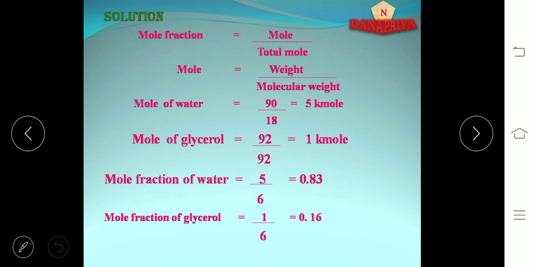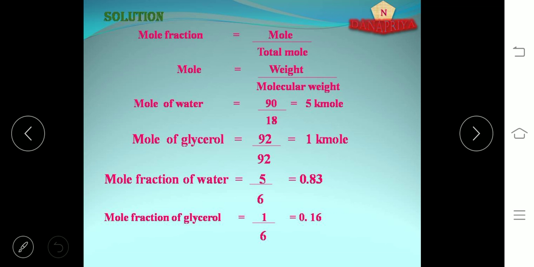To find mole fraction, before that we have to find total mole. Total mole is equal to mole of water plus mole of glycerol, that is 5 plus 1, 6. Then substitute: mole fraction of water is equal to the mole value of water, 5, divided by total 6.